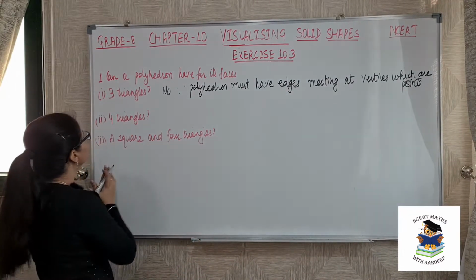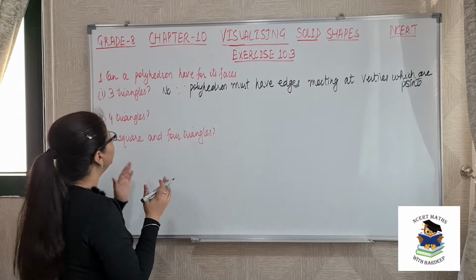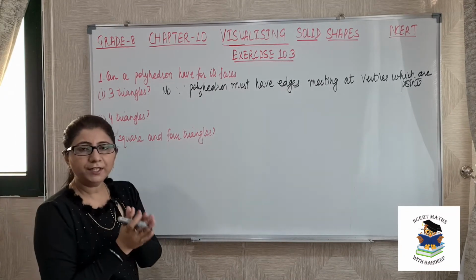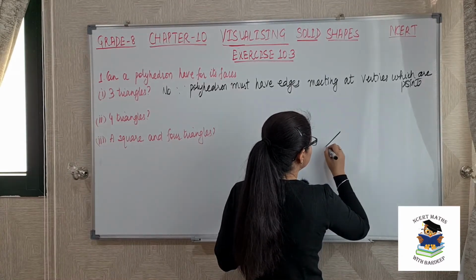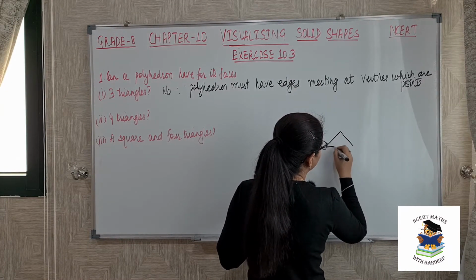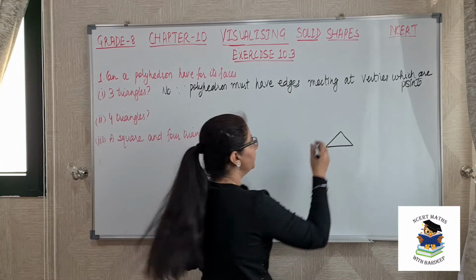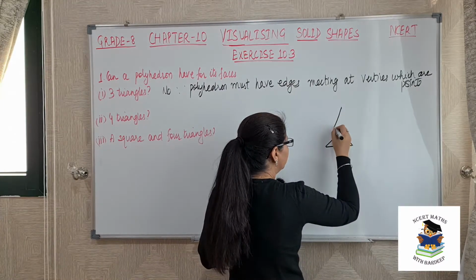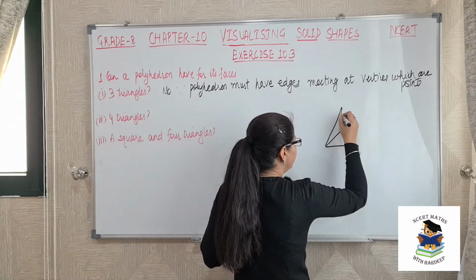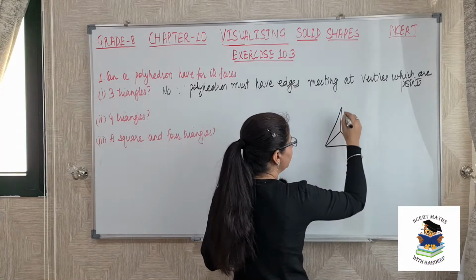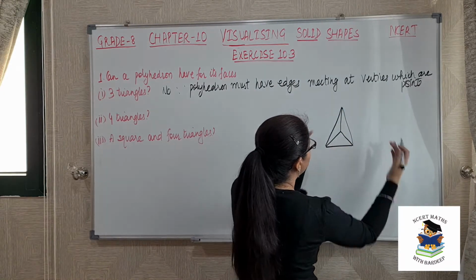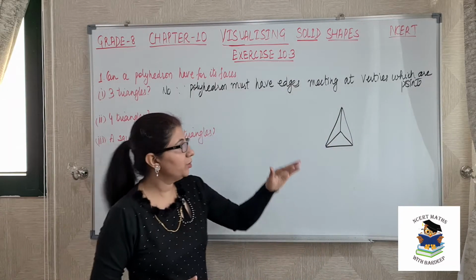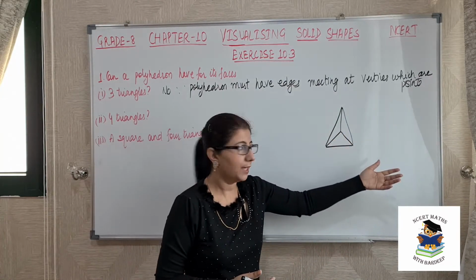Okay, so next is 4 triangles. So with 4 triangles, can we make a polyhedron? Yes, because let's draw. So suppose I am taking this triangle. So this is one triangle and join this edge. So this is second triangle. So this will be the third triangle, and for this base one is in the back side, so that will be our fourth triangle.